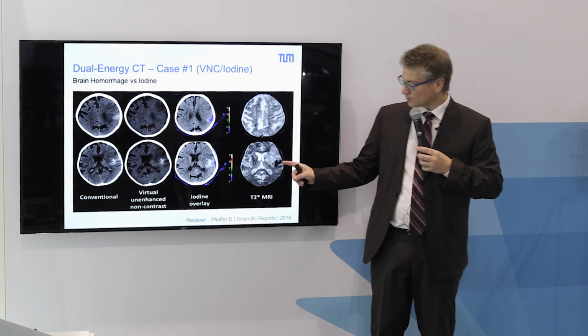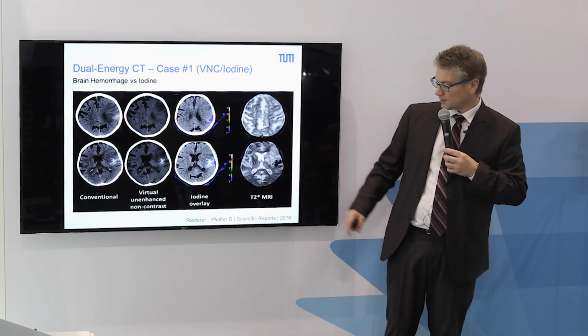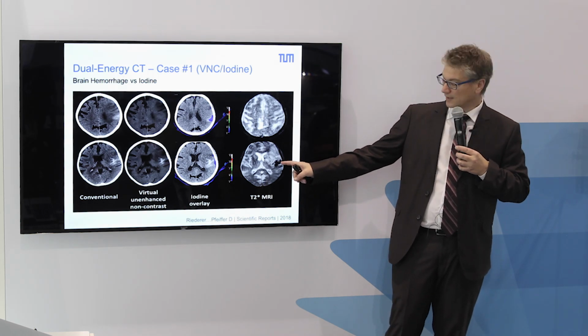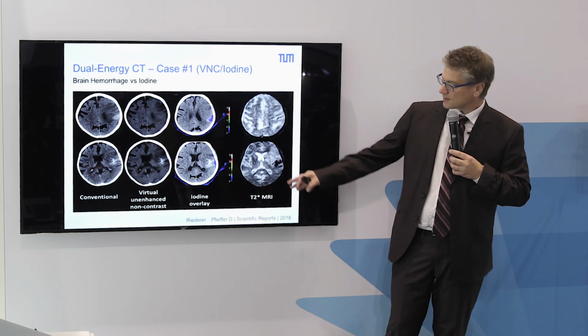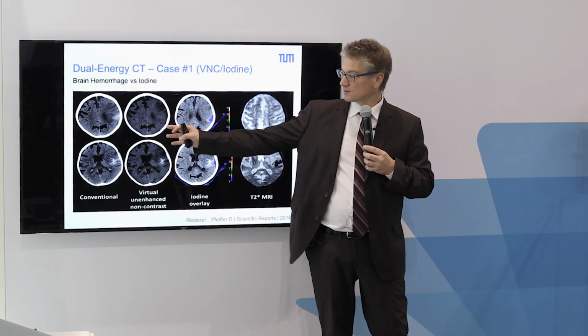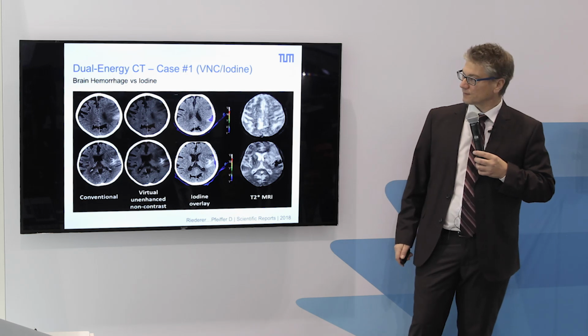And you can actually confirm that by doing a T2 star MRI image where blood would actually show up in negative contrast, quite dark. That's a cumbersome procedure, so usually you would like to have a fast scanning procedure and answers. So that's one very common thing.